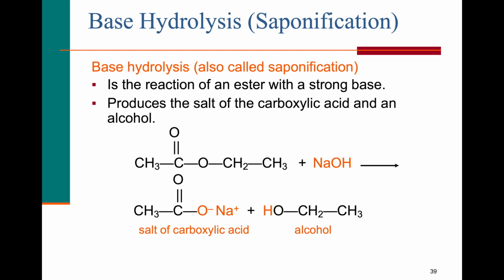All right, so we will go through this in more depth, and properties of soaps, later on. But it's important to know that this is a reaction of an ester. It's a property of an ester being reactive to be able to undergo this sort of change. So we've got an ester reacting with a strong base to produce the salt of a carboxylic acid and an alcohol.